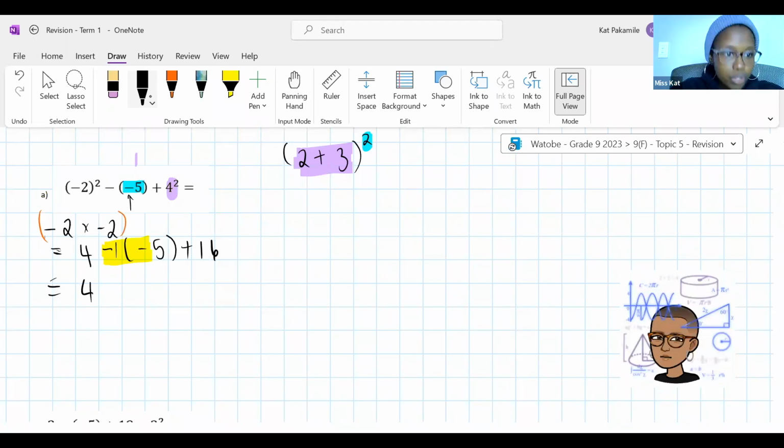A positive. And we have 5 times 1, which is just 5, plus 16. And our final answer is how much? So we have 4 plus 5, which is 9, plus 16, which is 25. Easy enough.